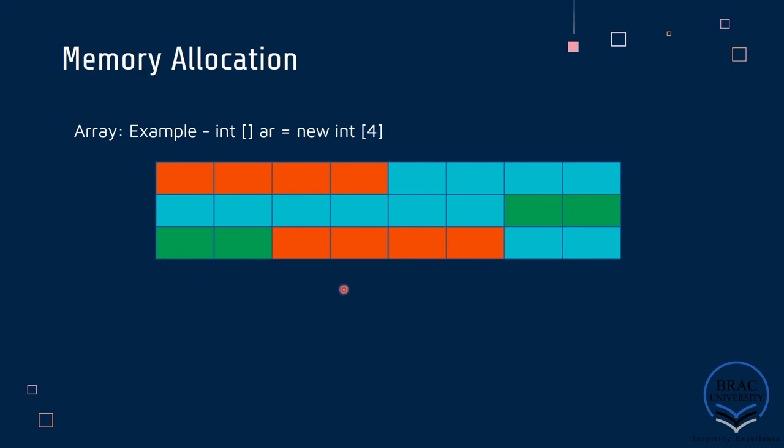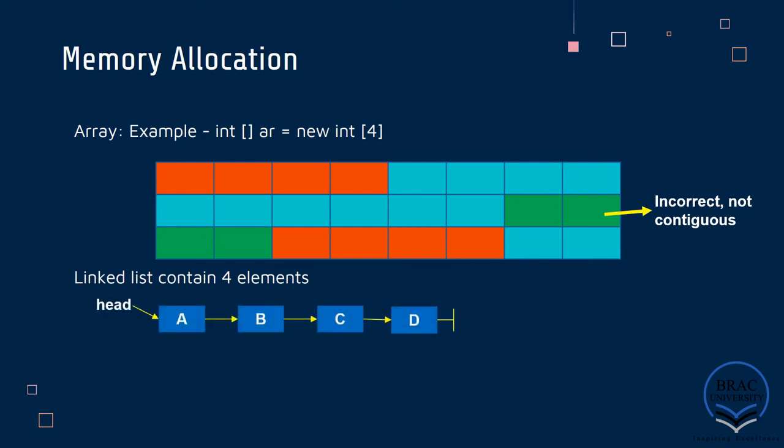This is not contiguous space, so this is not a correct memory allocation. So for an array to be represented in the memory, it always should be contiguous.